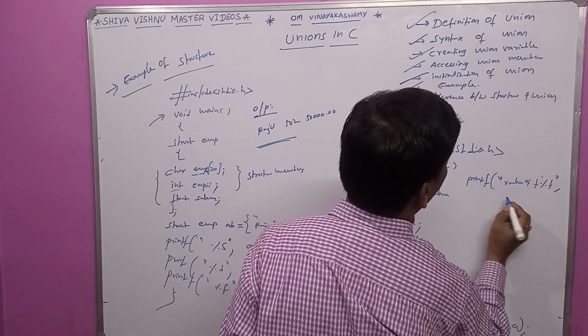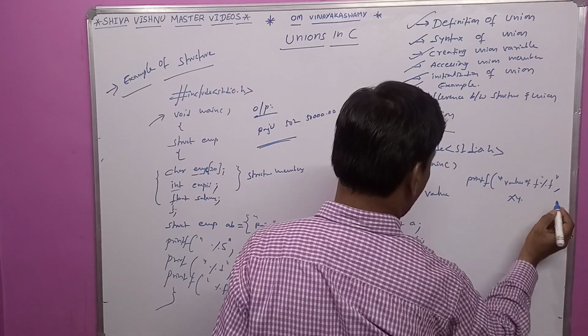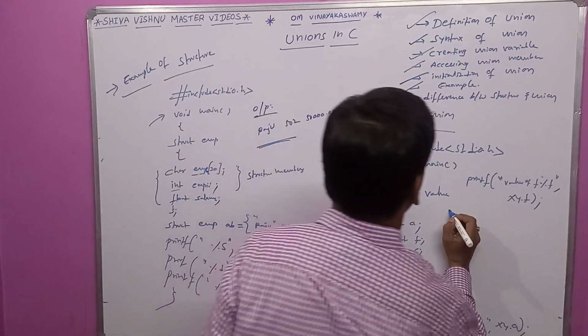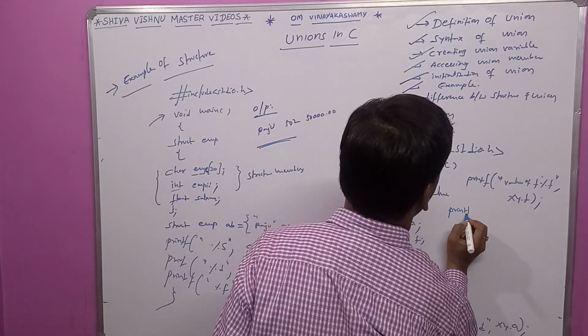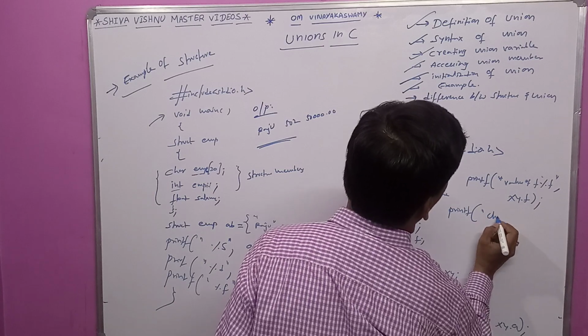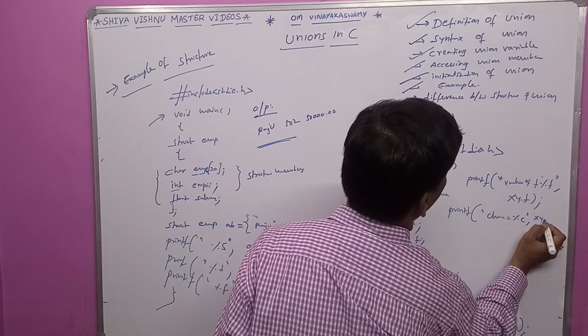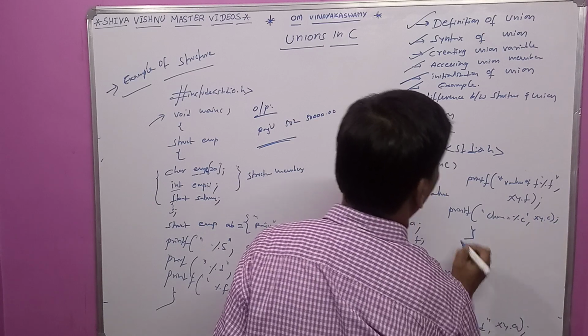Here we have the quotes. Here xy.f close semicolon is a printf. Here you can see the character %c, xy.c close.